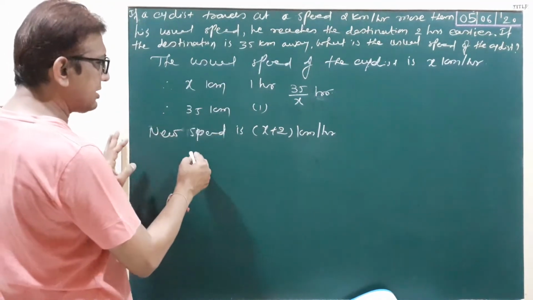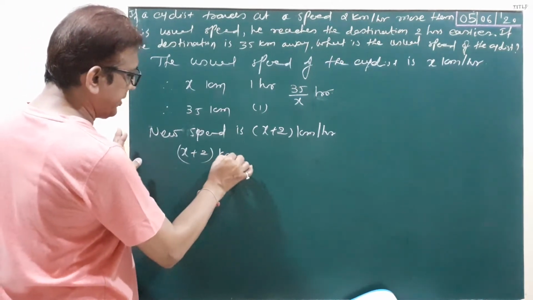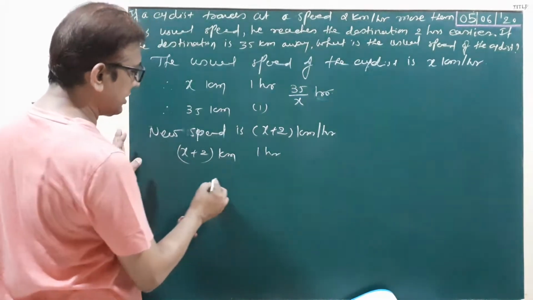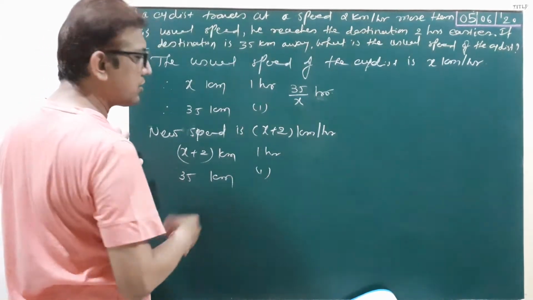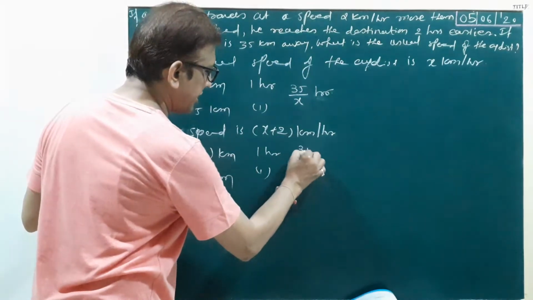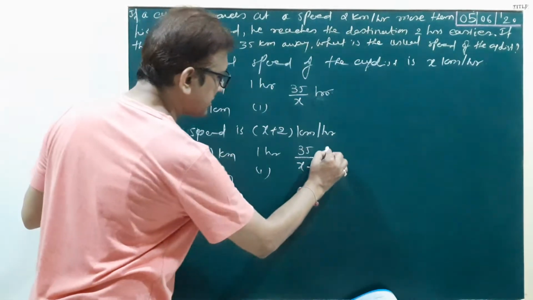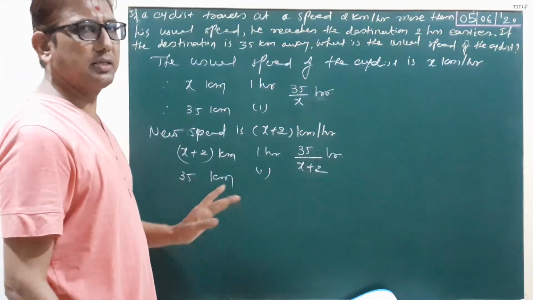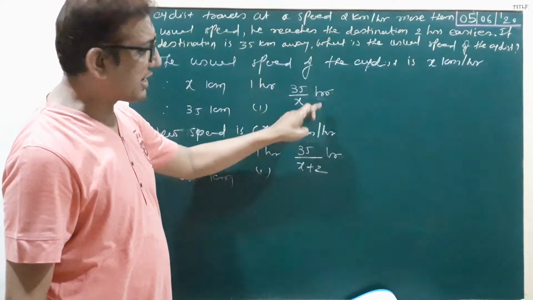Again write the step: x plus 2 kilometer equals 1 hour. Therefore 35 kilometer equals question mark. So here 35 upon x plus 2, kilometer cancels, hour. Is that clear? Look, the units are both the same.